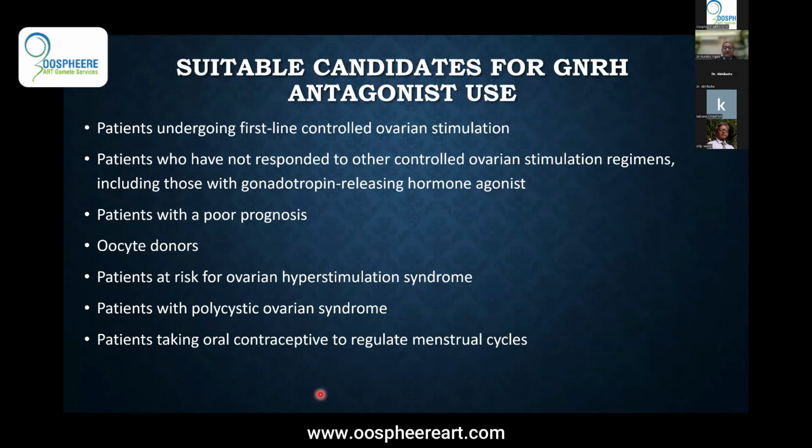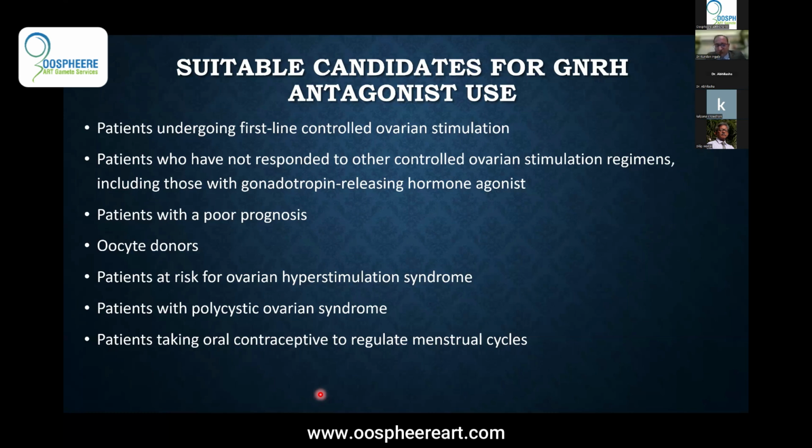But I might change my decision depending on the performance of that patient in a previous stimulated IVF cycle, which will help me decide whether I should go for antagonist or agonist. And that is why when you note down the patient's history, always note down, when she has undergone IVF, what type of protocol was used, how many oocytes she received, how many oocytes were M2, how many oocytes fertilized, how many embryos were vitrified, or how many blastocysts formed.